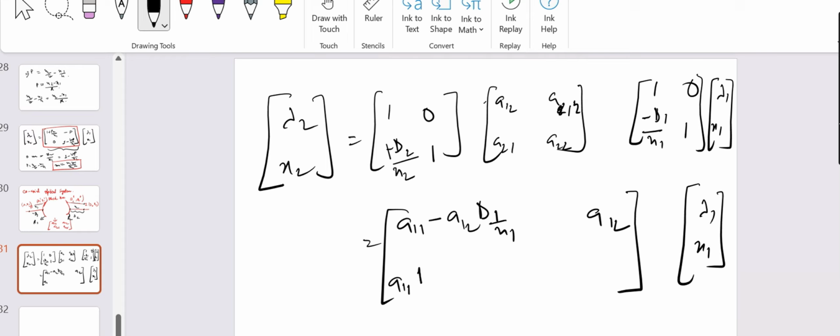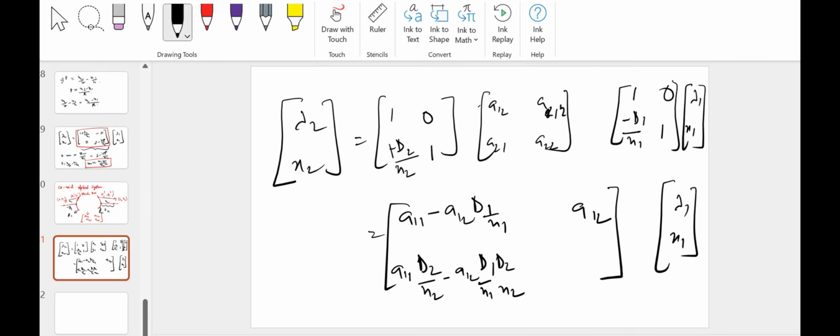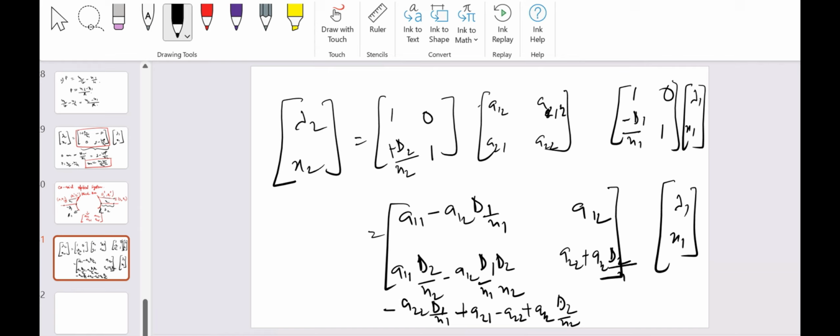This is A11 d2 by n2 minus A12 d1 d2 by n1 n2, then minus A22 d1 by n1, plus A21 minus A22, plus A12 d2 by n2, and here it is A22 plus A12 d2 by n2.